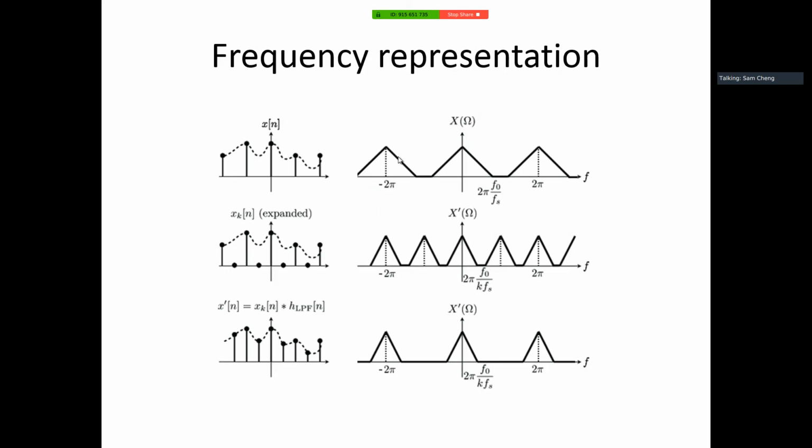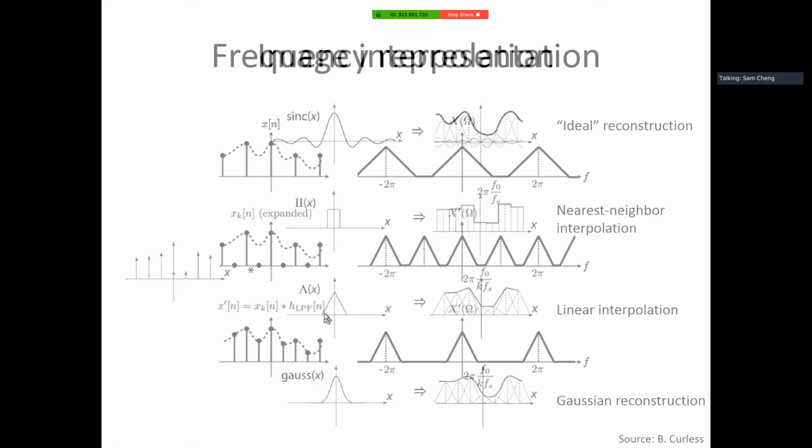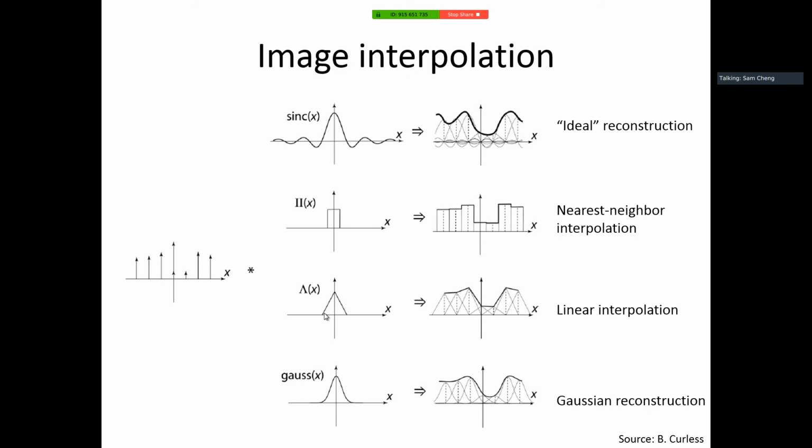Basically, if we upsample, we insert a zero between every sample, then this signal will have an aliasing component here, so we can filter that out and basically just apply a low pass filter, and sinc will be an ideal reconstruction in theory.